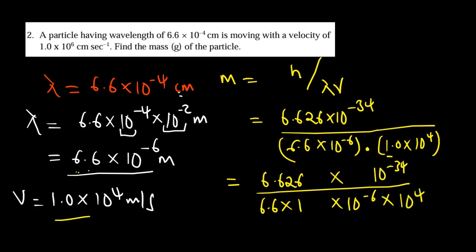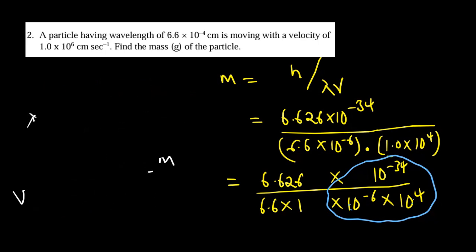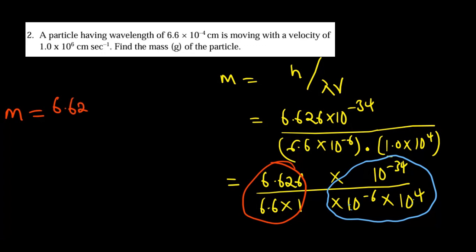Okay, so this makes it easy because we can deal with this alone, because they have the same bases. So from this we have to add the powers first of all. So we're going to get something like this. Mass is equal to 6.626 divided by 6.6 multiplied by, here these ones are multiplying, so we can add their powers.